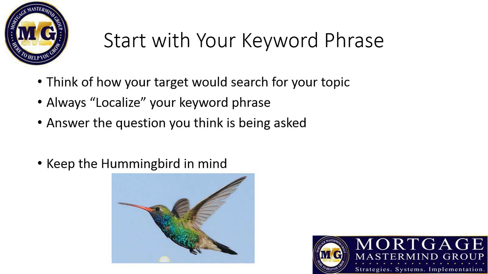What would they type in? What would their search terms be? The way Google works, and the way you're going to get the most impact, is to make sure you're localizing your keyword phrase. By localizing, I mean putting in some sort of local indicator: the name of a town, or even the name of a neighborhood.